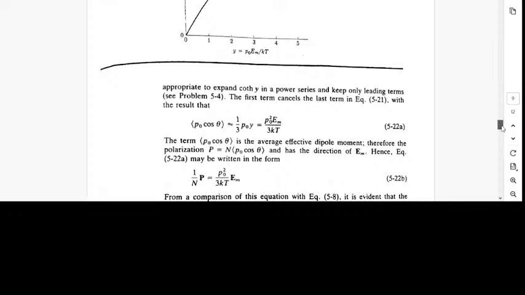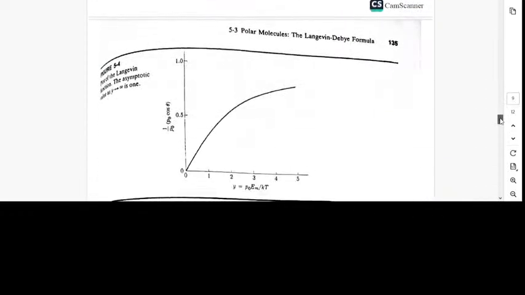And the value of y is p naught Em over kT. So after putting the value of y in 1 over 3 p naught y, just put the value of y from our previous equation 5.21. The value of y is equal to p naught Em over kT.